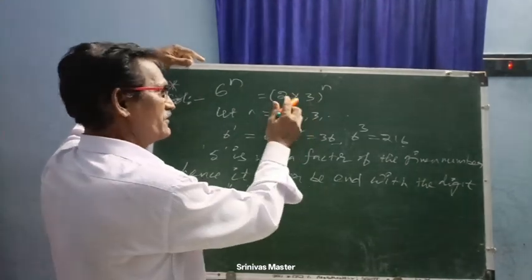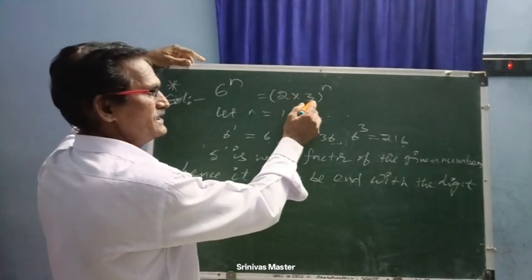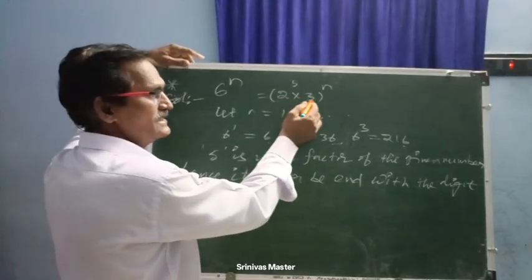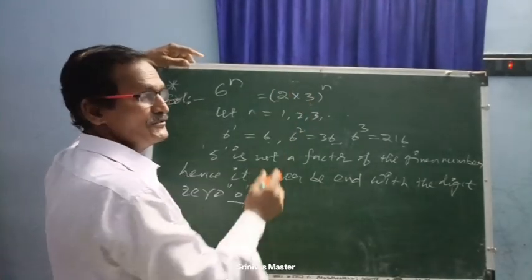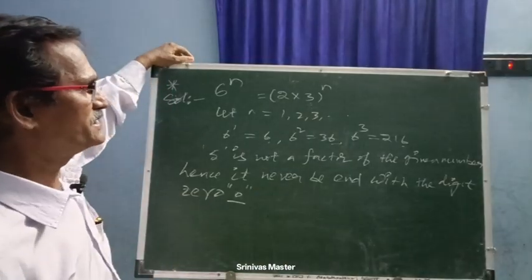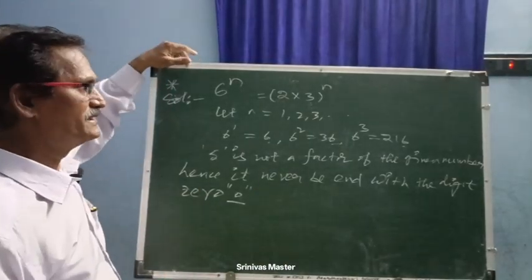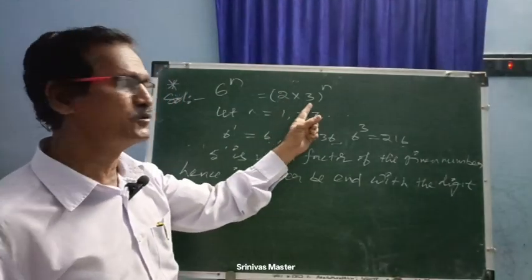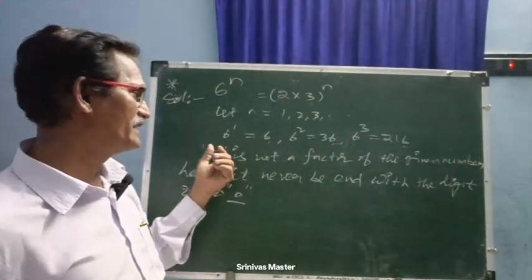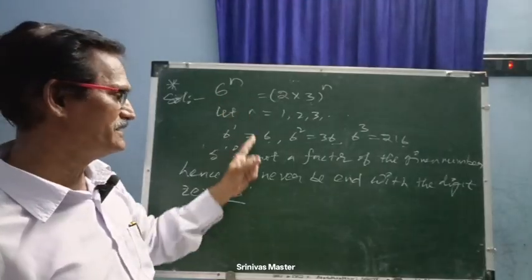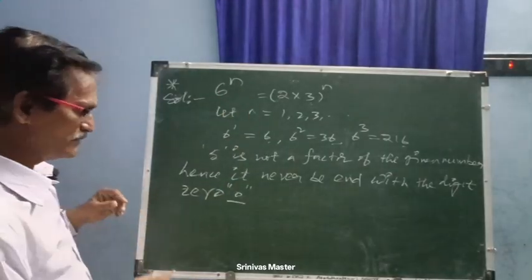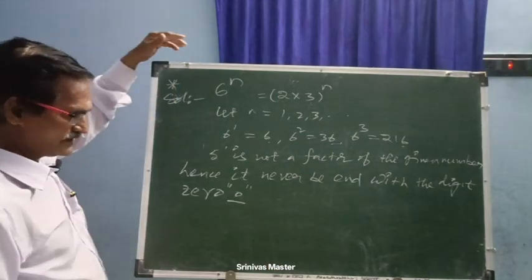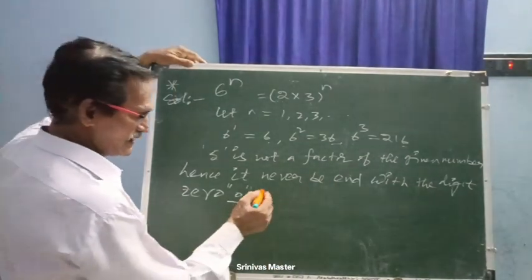Just multiply: 5 twos are 10, 10 threes are 30. Then what is the unit place? 0, no? So it is possible only when 5 is a factor, but 5 is not in this. Both are prime numbers and there is no multiple of 5 either. Hence it never ends with the digit 0 for any natural number.